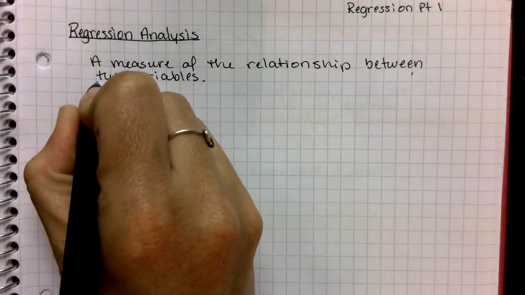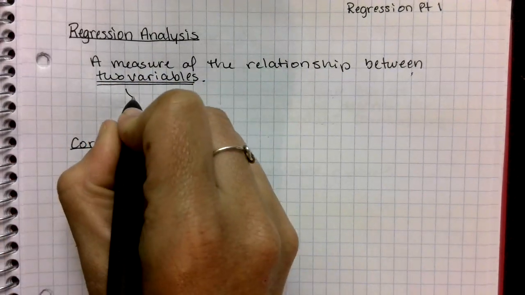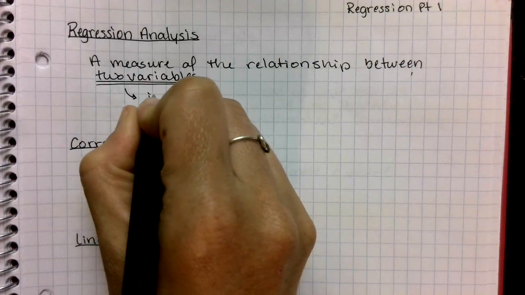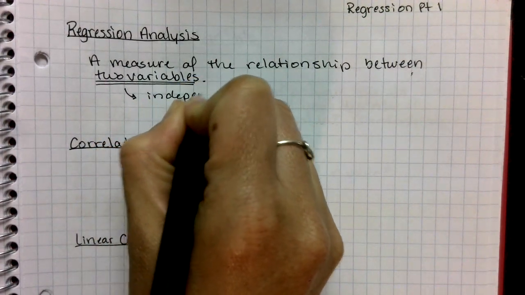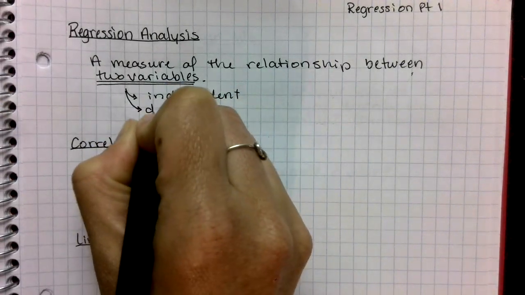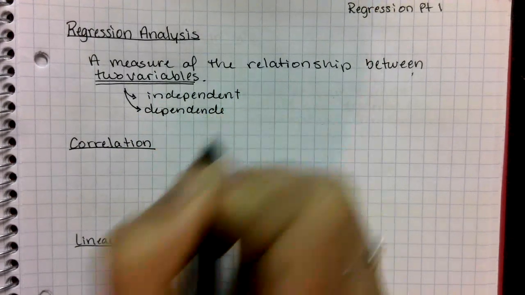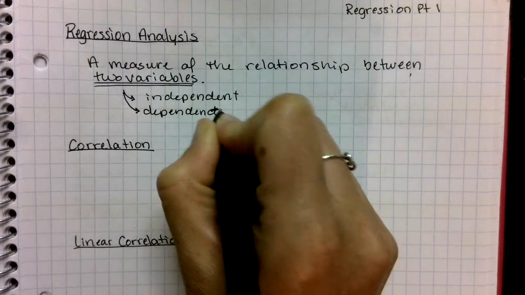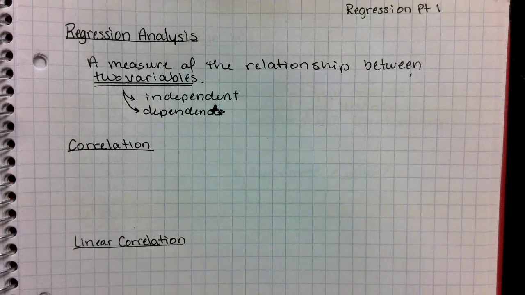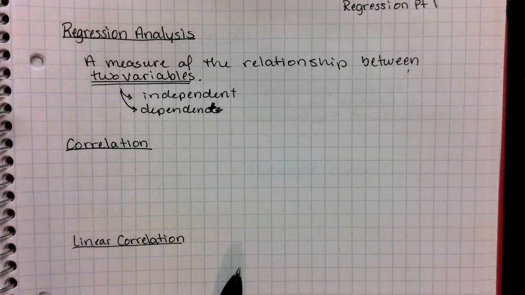Now, a little bit more up here, we are going to be dealing with two variables. Your two variables are referred to as your independent and your dependent. Sorry about that.